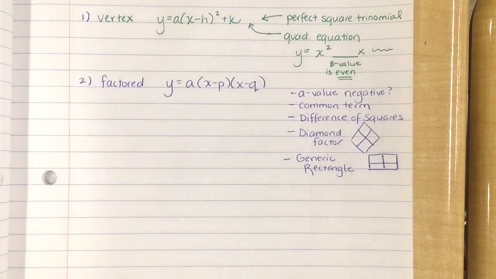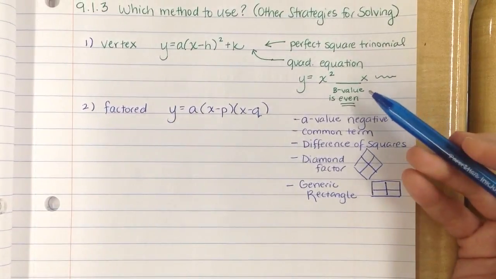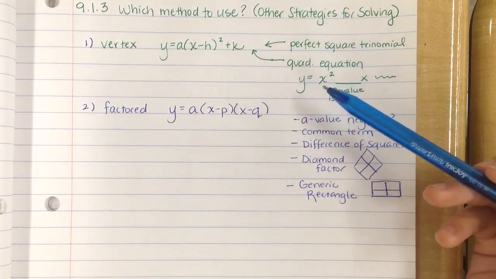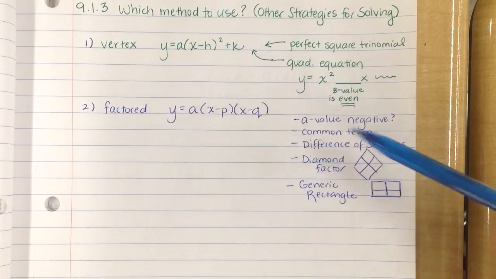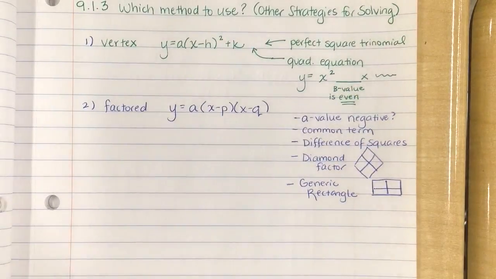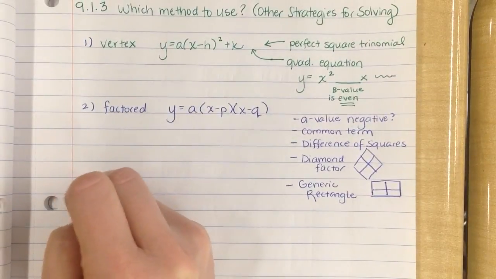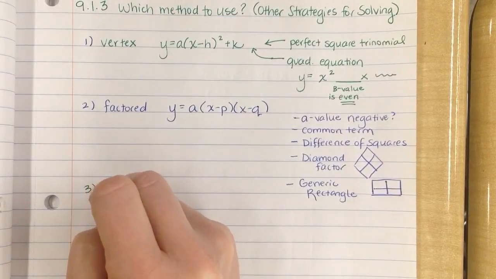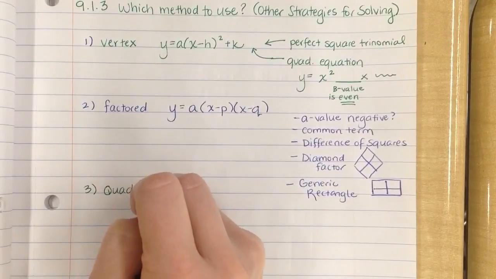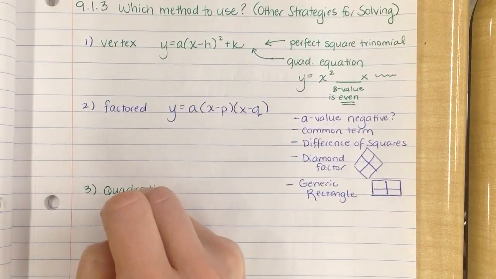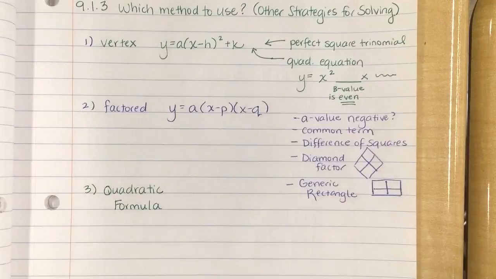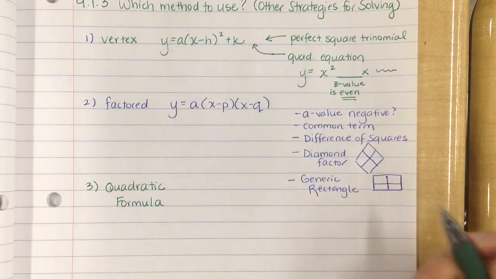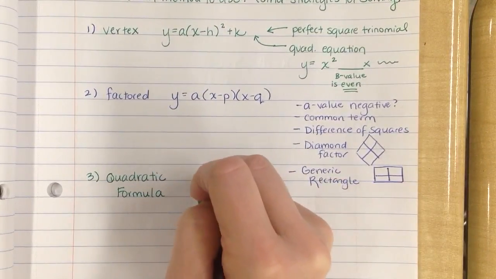Now, if both of these methods fail, if we can't do vertex form because it doesn't meet these qualifications, and if we can't factor it because it doesn't meet these qualifications, well, then we're stuck with our third method, which really is the best way because we get to do all the math, which is the quadratic formula. X is equal to negative b plus or minus the square root of b squared minus 4ac, all over 2a.